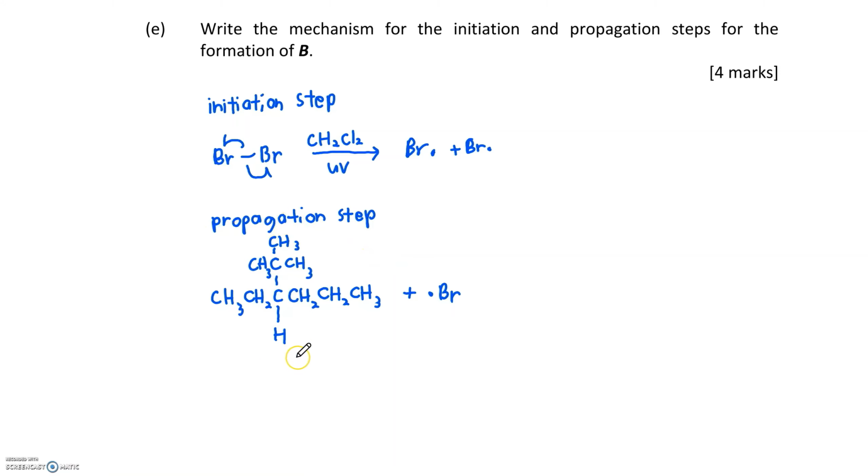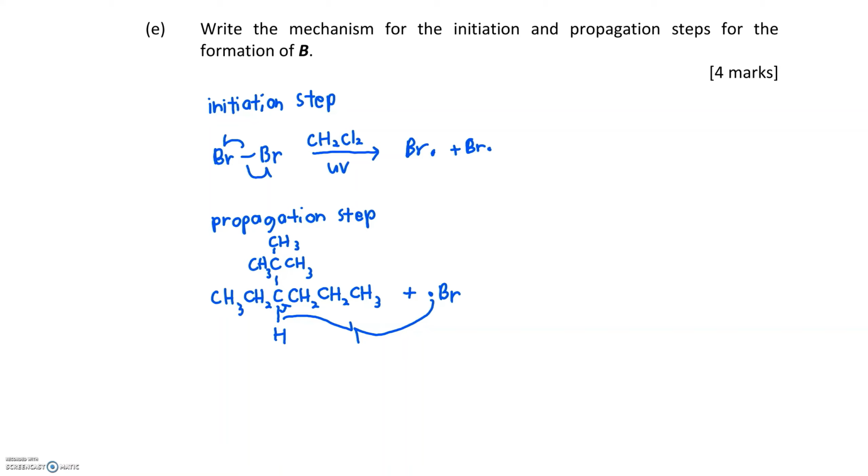It involves the alkane, which is compound A, reacting with the bromine free radical. One electron will come from the bromine free radical to form a bond with the hydrogen, and the other electron of the carbon-hydrogen bond is given to carbon to form a free radical on the carbon atom.